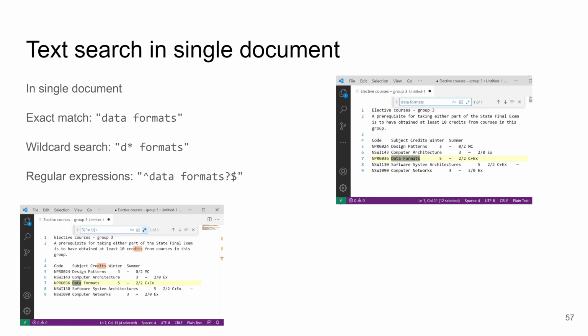We can use wildcards to get more vague queries, and if we need more expressive power, we can use regular expressions to find or change parts of the document. So those are the basics.